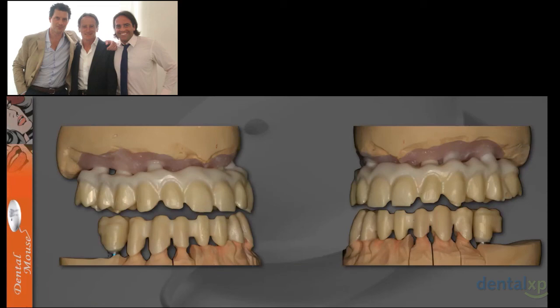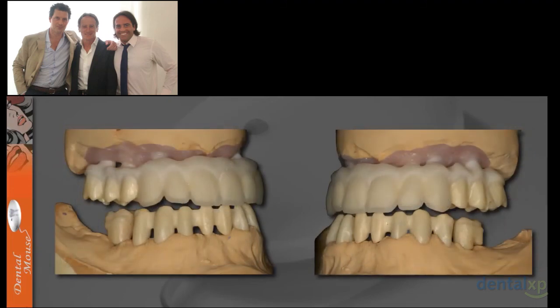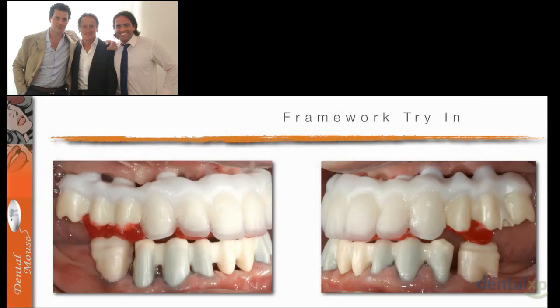From here we go further, and we always check it on the model first, and then in the mouth of the patient, where we evaluate not only the fit, so the passivity of this framework, but also how it looks in the mouth of the patient.